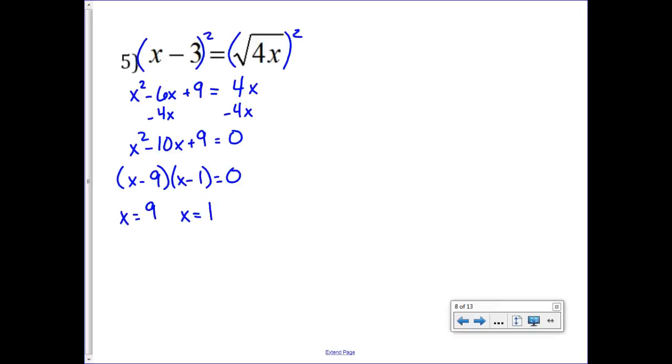I'm going to plug these in. So to check, I have 9 minus 3 is equal to the square root of 4 times 9. So I have 6 is equal to the square root of 36. 6 equals 6. That one works.